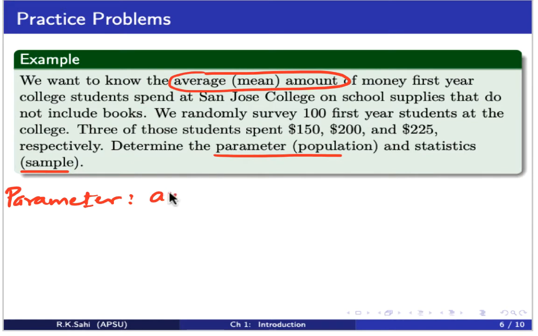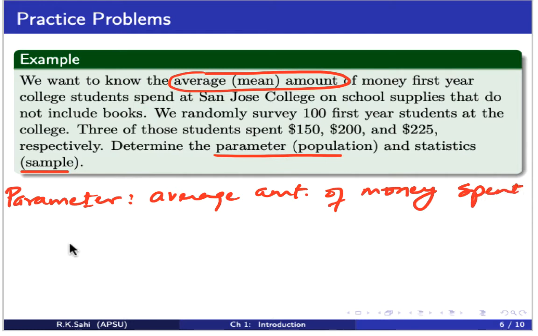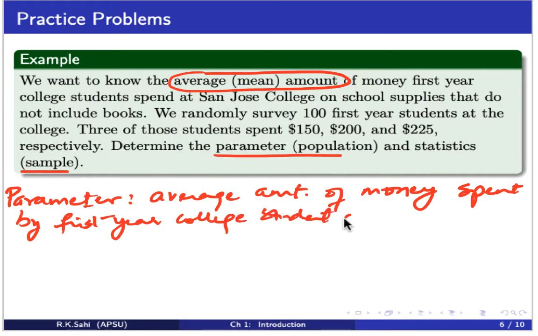But whose average amount? This is the average amount of money spent by a first-year college student at San Jose College, SJC, except books.